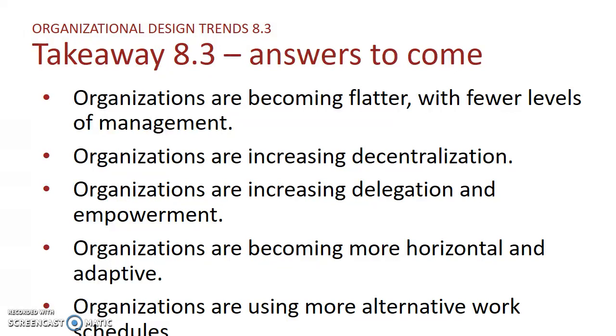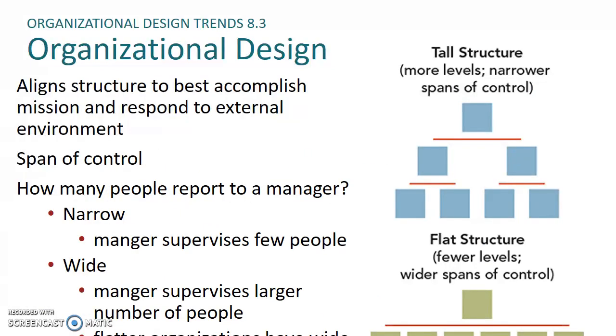One of the trends is that organizations are becoming flatter and using fewer levels of management. So you can see that organizations are going from a tall structure to a flat structure. That's one of the trends in organizational design. And this gives a wider span of control.